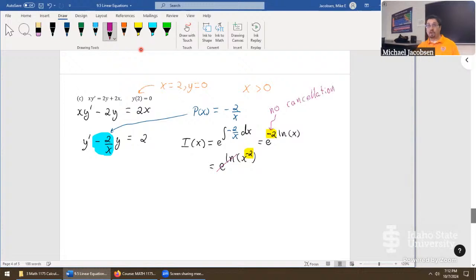So we just have to use properties of logarithms to bump the coefficient to the power of x. And finally, all said and done, the integrating factor I of x is now x power -2. Let's color code that just to show what we're going to do with that thing on the next step. Any questions, folks, so far with the integrating factor portion?